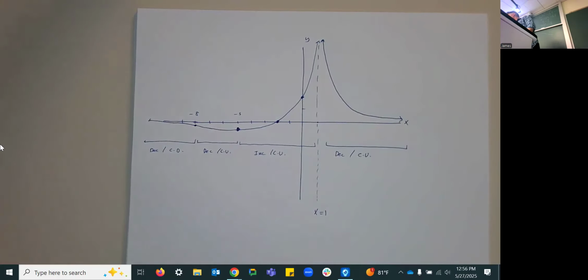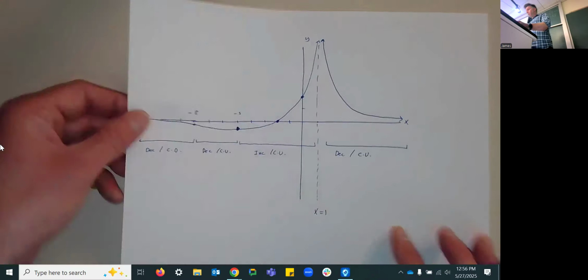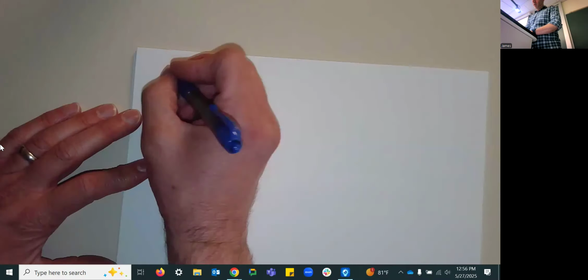All right, let me have you guys do one. Yeah, this one's not too terrible. So this one's more similar to the first one, but different. So the function is going to be f of x equal to x to the fourth minus 4x cubed. And I want you to find, well, I'll write out what I want you to find.